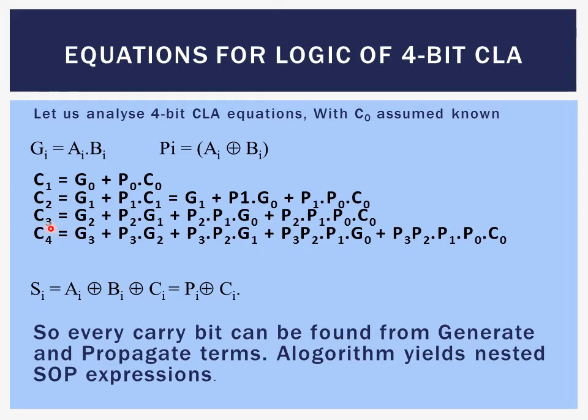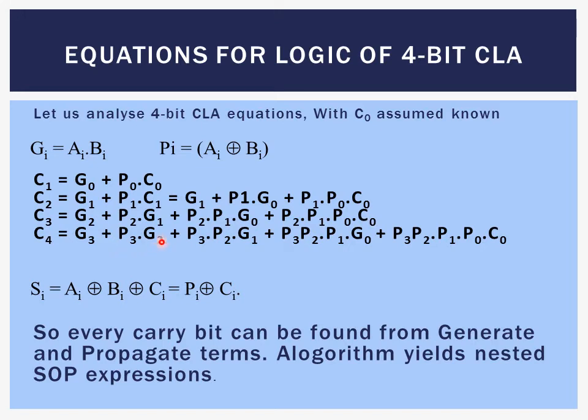Now carry 3, C3 is equal to G2 plus P2 into G1 and so on. Actually it is in terms of C2, but now after elaboration directly it is given like this. And C4 is equal to G3 plus P3 into C3, but in place of C3 the entire formula is written here.